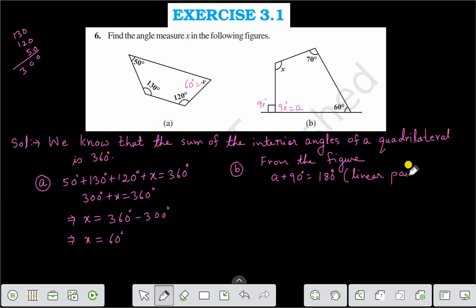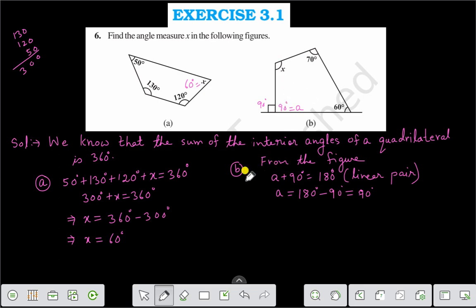Right? Therefore a is equal to 180 degrees minus 90 degrees, and that comes to 90 degrees. The value of this is 90 degrees.